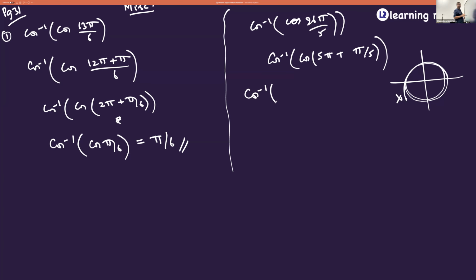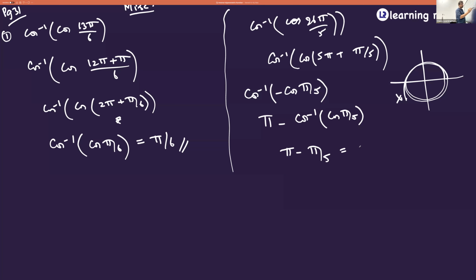Okay. So how much is it going to be? Cos inverse of negative of cos pi by 5. Why did I put this minus sign? Cos of pi plus something is going to give you a negative value. So cos inverse of minus x is pi minus cos inverse of cos pi by 5. So the answer will be pi minus pi by 5, 4 pi by 5. Your answer was right, but there is a logic.